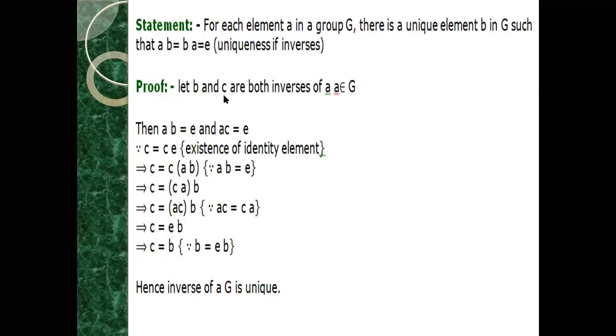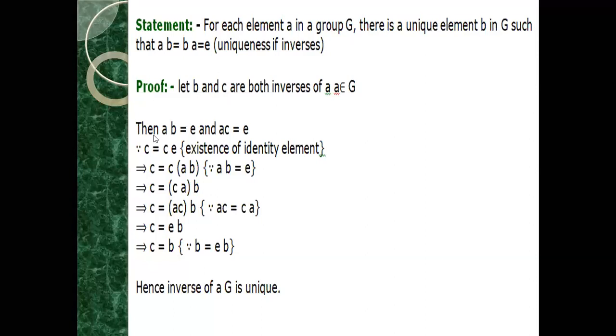I'll repeat this from the first. Let B and C both be inverses of A, where A belongs to G. So we take an element A in the given group G, and we consider B and C as two inverse elements of A. We need to prove these two inverse elements are unique.